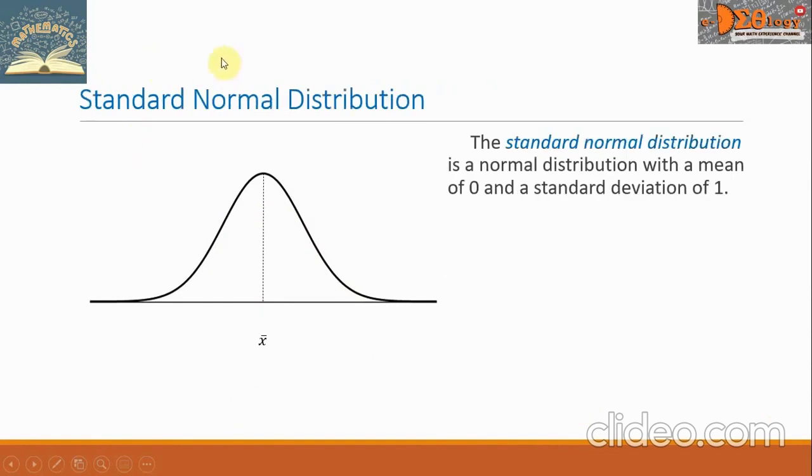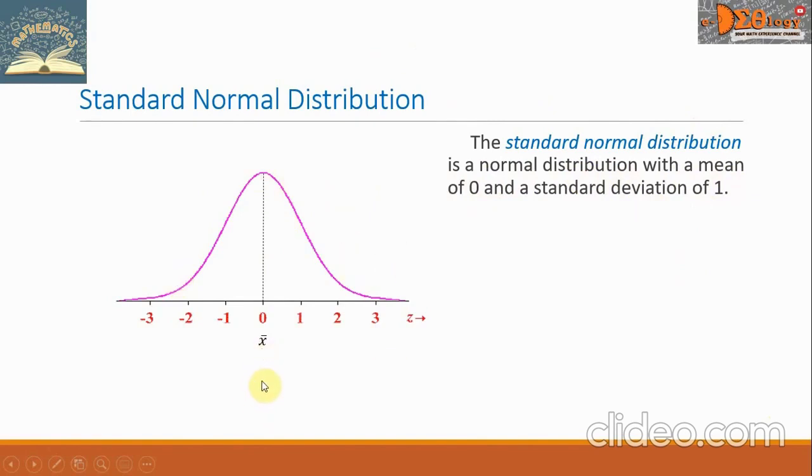Here now is the standard normal distribution. The standard normal distribution is a normal distribution with a mean of 0 and a standard deviation of 1. This is an example of a standard normal distribution.